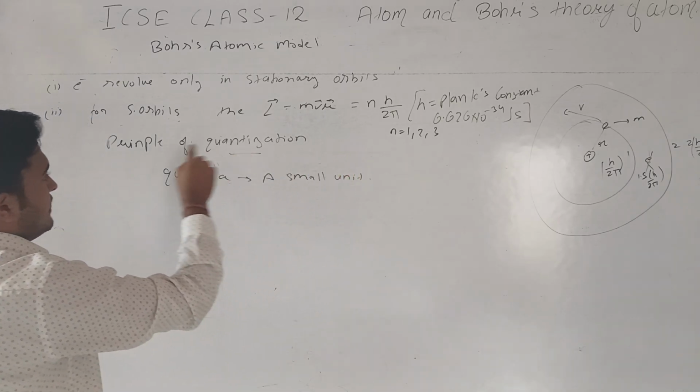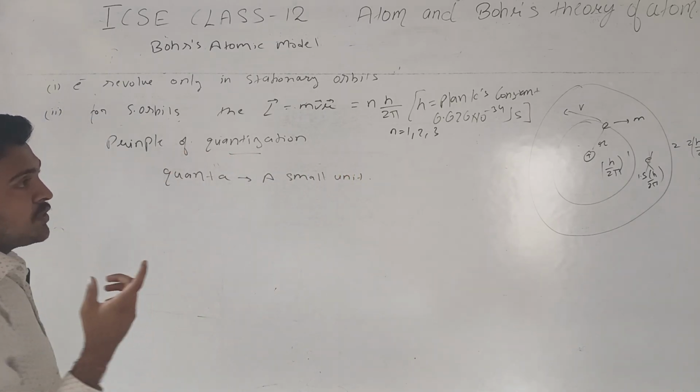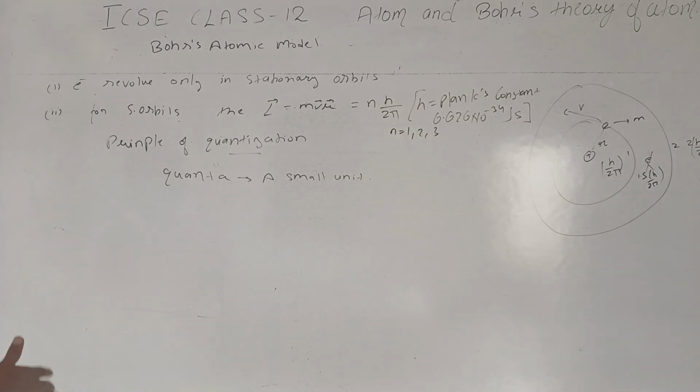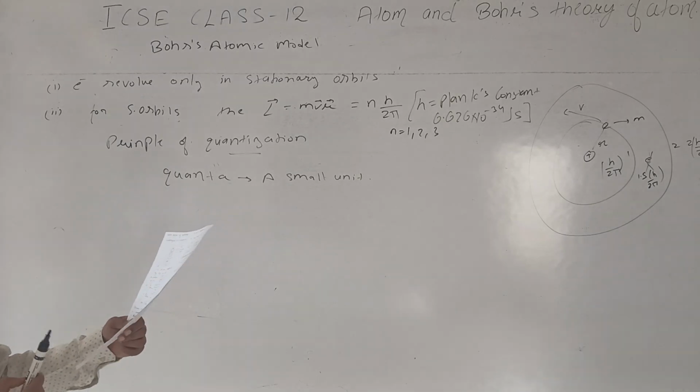Quantization means there cannot be continuous values, only discrete values 1, 2, 3 or 4. Like in the lift, we can have first floor, second floor, third floor, but not 1.1, 1.2, 1.3. So this is the principle of quantization.